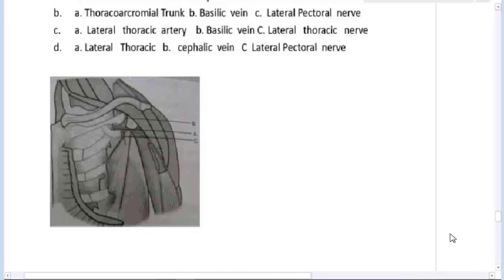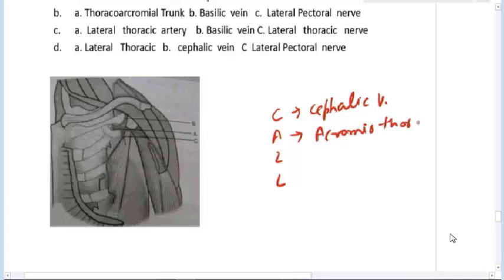We know that the structures piercing the clavipectoral fascia can be remembered by the mnemonic CALL. C is for cephalic vein, A is acromiothoracic or thoracoacromial artery, L is lateral pectoral nerve, and the next L is lymphatics from the breast which are going to the axillary lymph nodes.